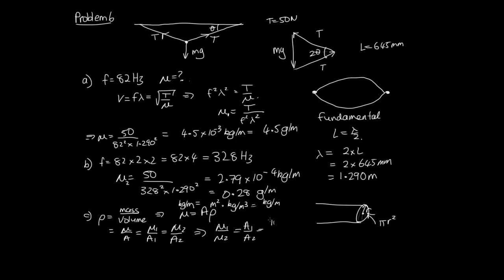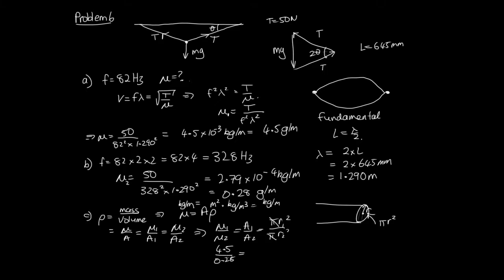A1 is just pi r1 squared. A2 is pi r2 squared, where r here stands for the radius of our circle, which is half the thickness of the string in this case. Okay, so the pi's cancel out. Mu1, so that's 4.5 grams per meter over 0.28.